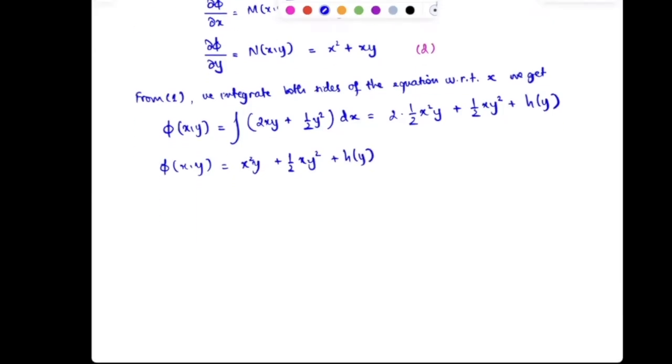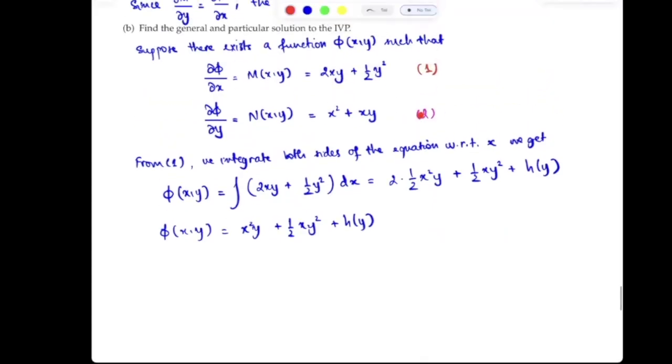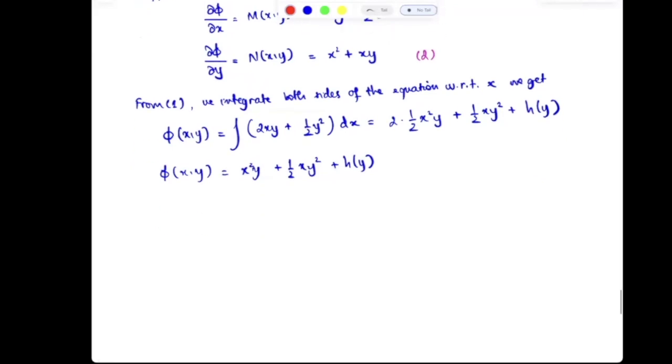Now, we still need to find h of y. We can do that using the second equation, equation 2. To use equation 2, for the next step you take the partial derivative on both sides of this equation with respect to y. We get partial phi partial y equal to x squared plus xy plus h prime of y, and set this equal to the right-hand side of equation 2, that is x squared plus xy.